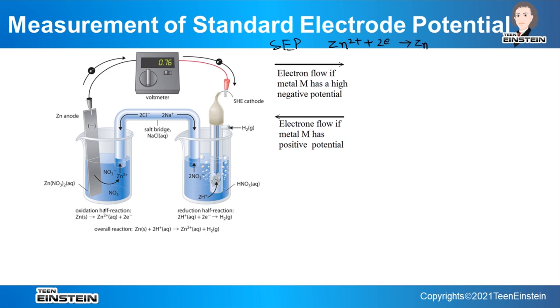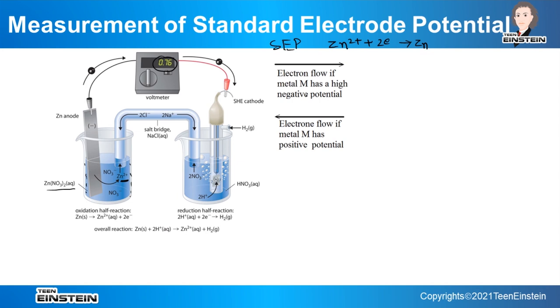We have taken zinc nitrate solution. So here we have zinc nitrate. That means in the medium there is presence of Zn2 plus ion, and the value that we are seeing in the voltmeter is 0.76. That means it is positive.